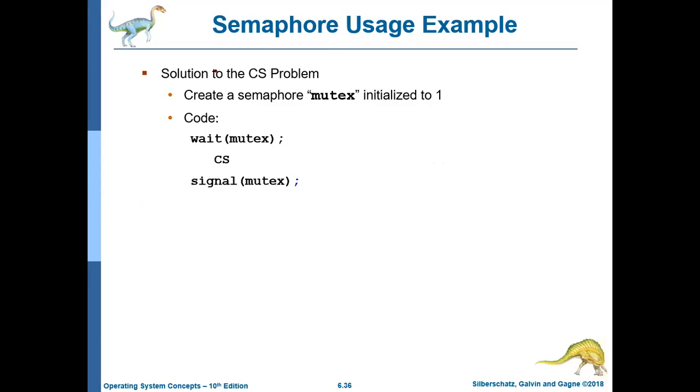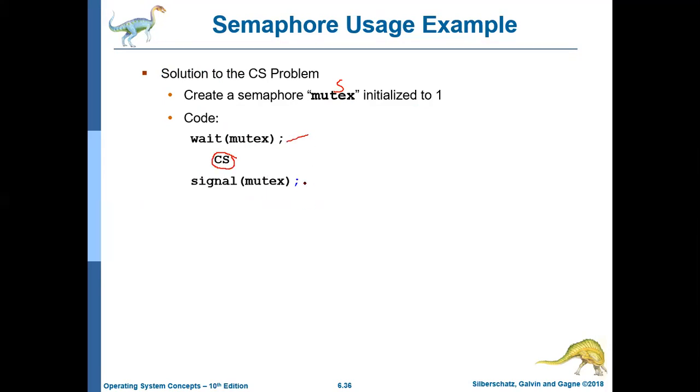Semaphore uses example. How are you going to use semaphore as a solution to the critical section problem? Create a semaphore mutex initialized to 1, or you can say mutex or capital S, both are the same if you are talking about only two processes. How will you change your code? Before the critical section, you will write wait.